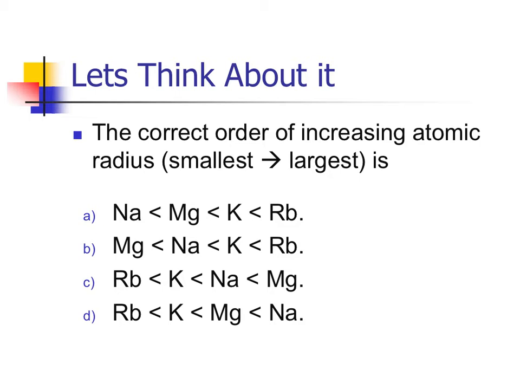So let's think about it. The correct order of increasing atomic radius, smallest to largest. So, first thing to do maybe would be to find which one is the biggest one altogether.